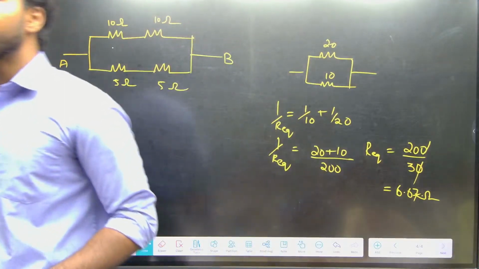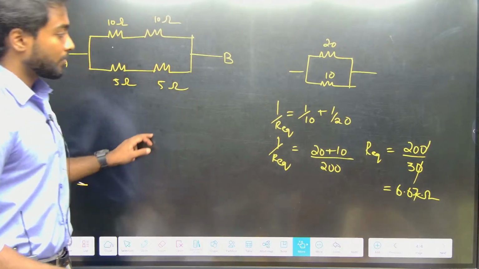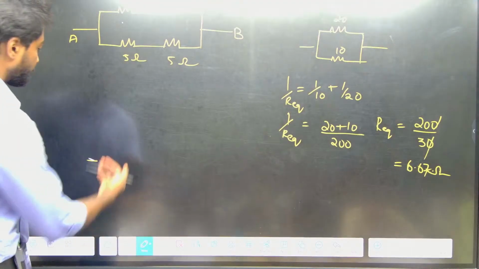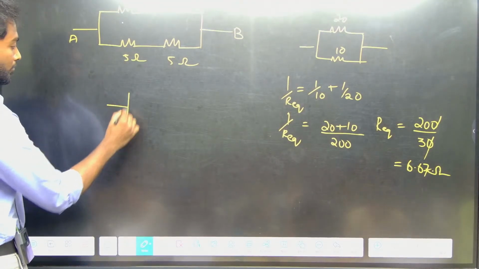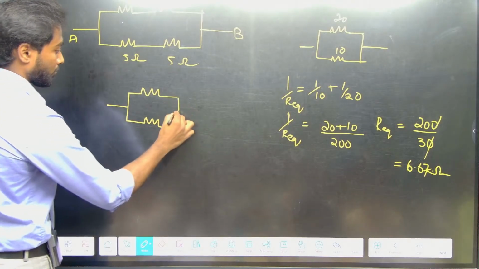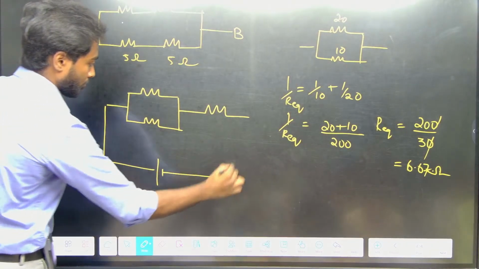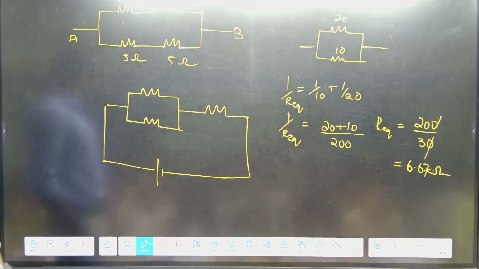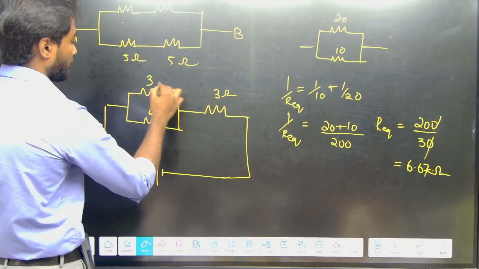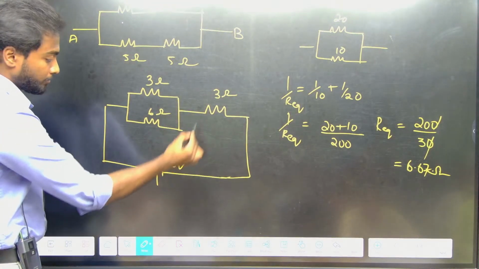The circuit has 3, 6 and this is 3, and this is 10 volt.